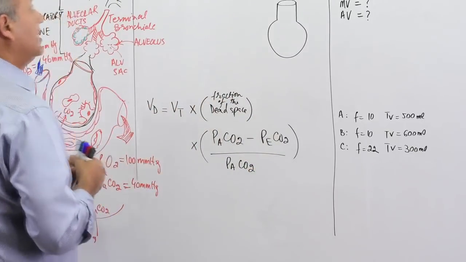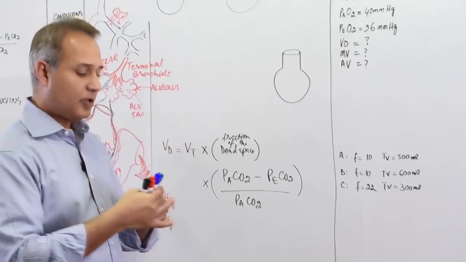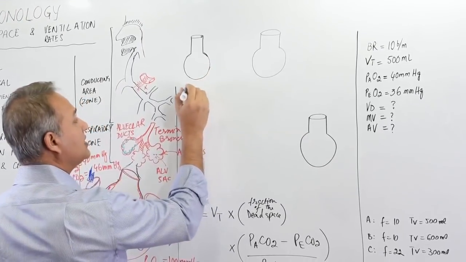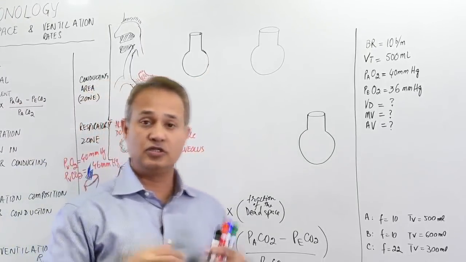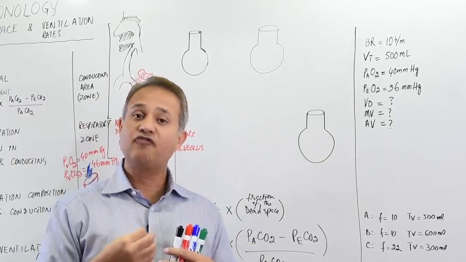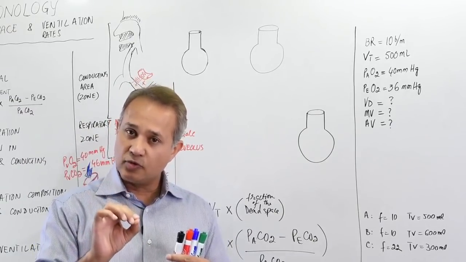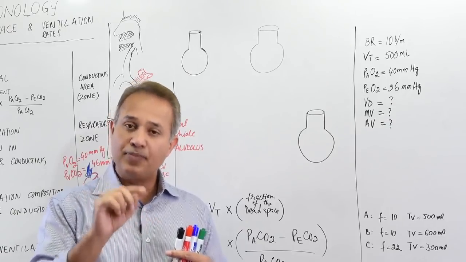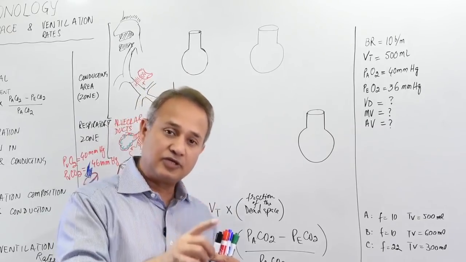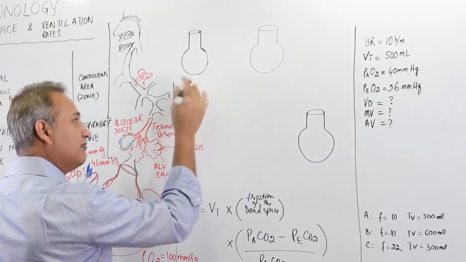So let's do this. Imagine that you are exhaling. First thing that we should know is what is the total residual gas volume in the lung. So what is the functional residual capacity? It is equal to residual volume, which is about 1200 milliliters, plus expiratory reserve volume, ERV, and that is about 1200 milliliters.